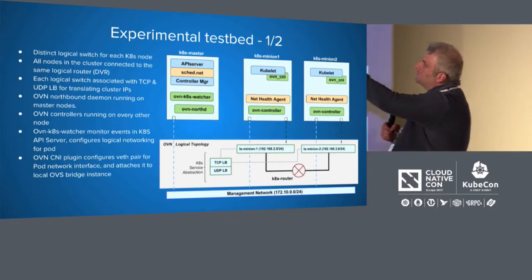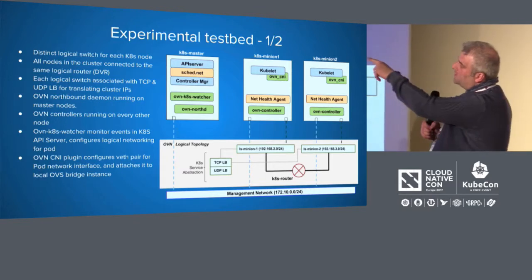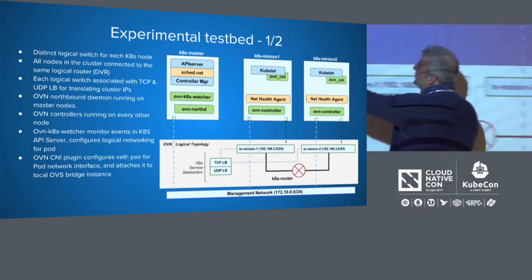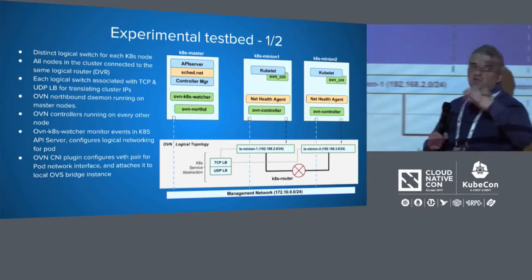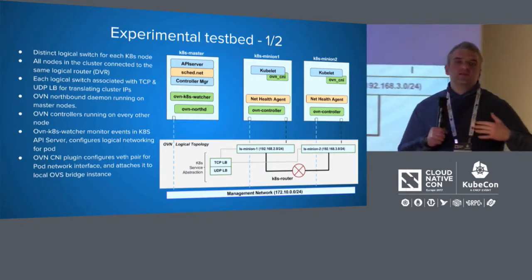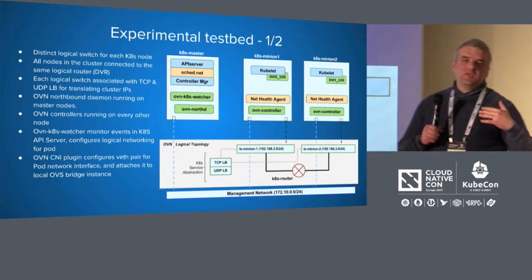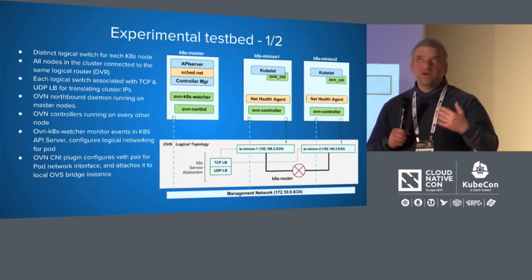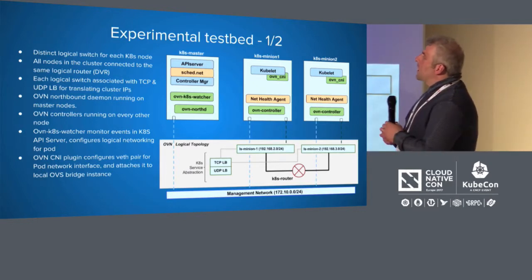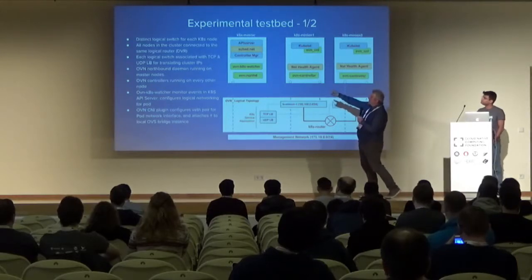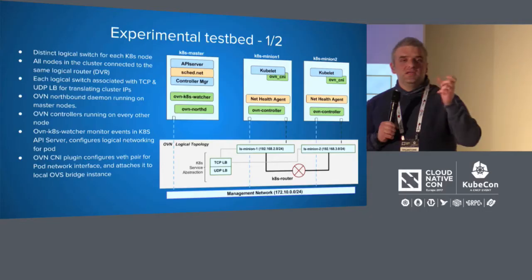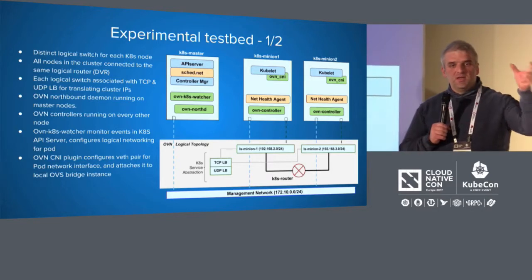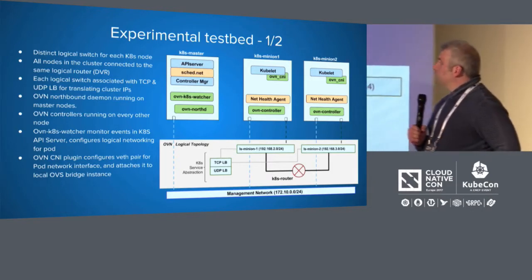These controllers then interact with the OVN NorthD daemon that you can see here, which is a sort of northbound driver. It exposes a northbound API for management planes like OpenStack, or in our case, Kubernetes. And the OVN K8s watcher is the component that makes the integration between the Kubernetes API server and OVN.